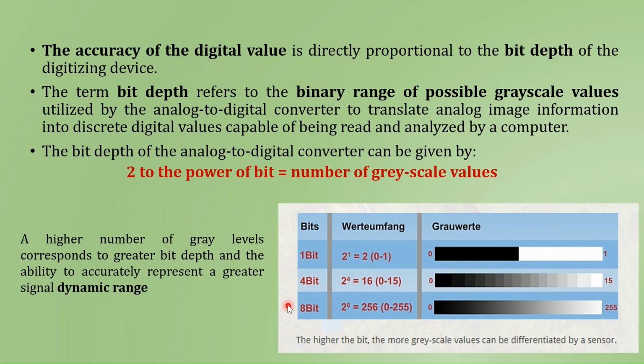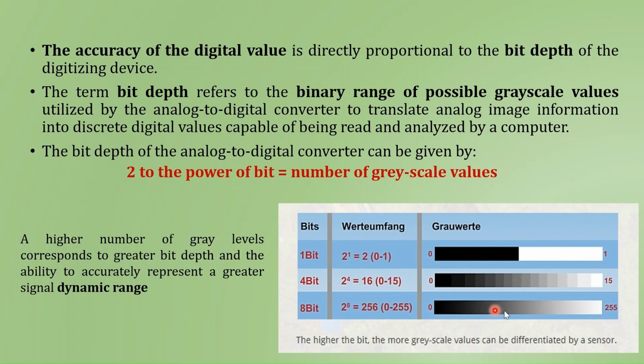For a 4-bit system, 2 to the power 4 gives us 16. It always starts from 0, so 0 to 15. 0 will be complete black and 15 complete white, giving a total of 16 shades. For an 8-bit system, 2 to the power 8 gives us 256 shades of grayscale values, from 0 to 255.